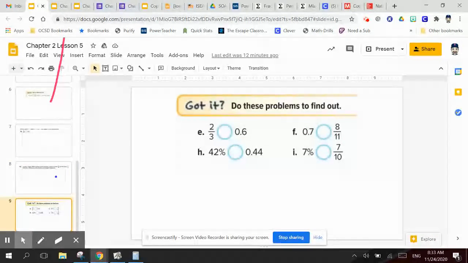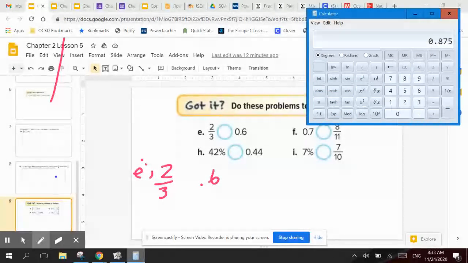So here I've got a problem. I'm going to do 2, and I'm going to leave you to do 2. So I'm going to do letter E first. Is 2/3 and 0.6. We have to change 2/3 to a decimal. So again, I would go 2 divided by 3. Again, I get 0.666666.